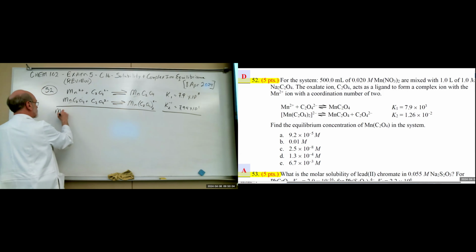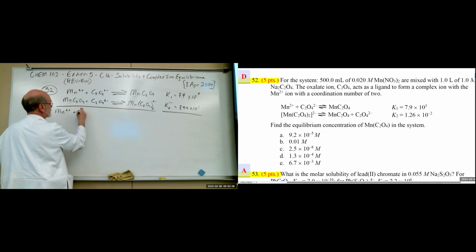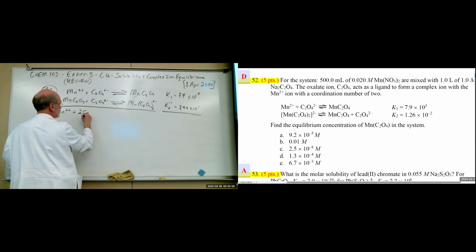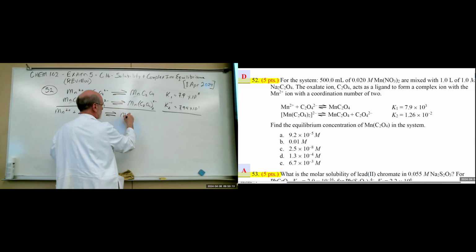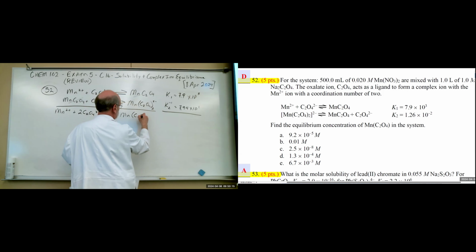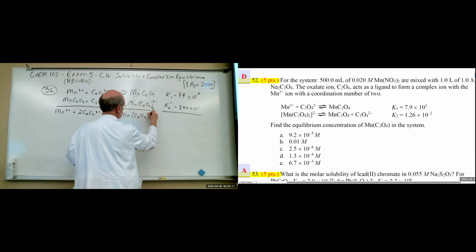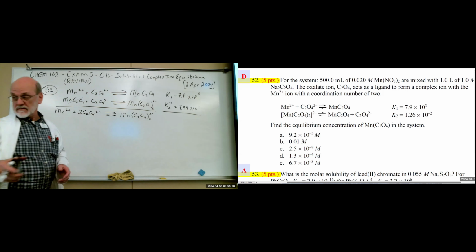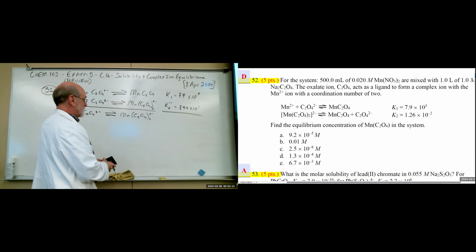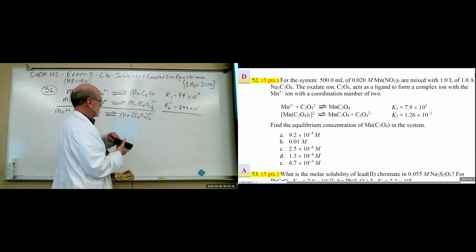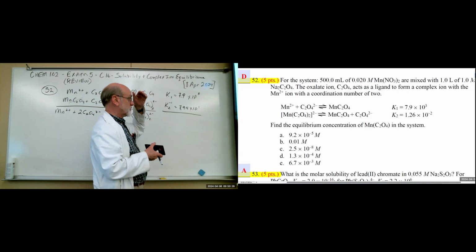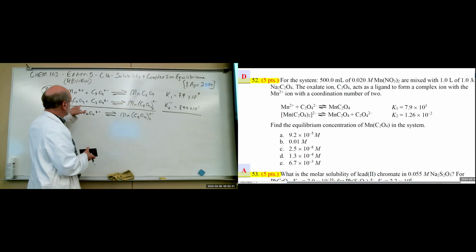And our final equation is going to be 2 plus 2 of these will make this one. All right. And this is more than likely, right? If we go back to that original equation that said which is the dominant species, that's the dominant species for this reaction. But that doesn't mean there isn't still some of this left over. So we're going to have to come back to that one.